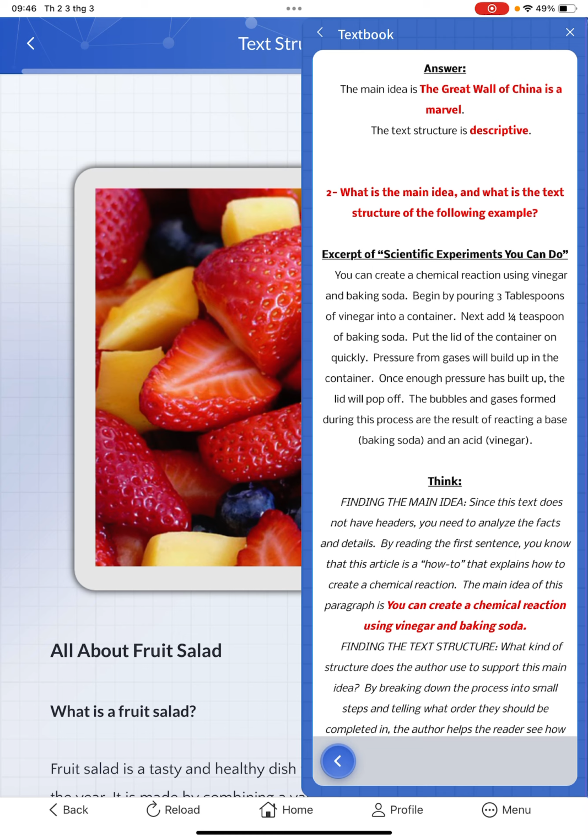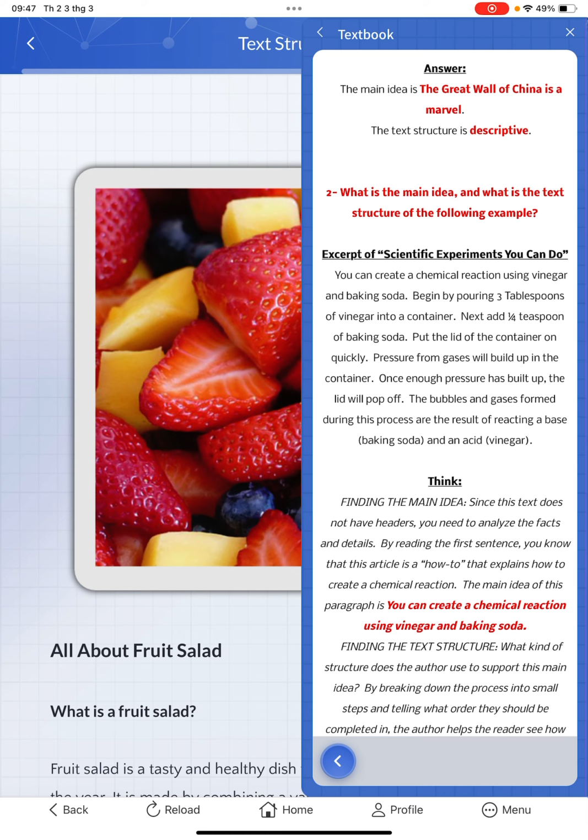Here it says that you use vinegar and baking soda together, and it will just pop. Begin by pouring 3 tablespoons of vinegar into the container. Add 1 teaspoon of baking soda, put the lid on the container, and quickly pressure of the gas will build up in the container. Once enough pressure has built up, the lid will pop off. The bubbling gas is formed during this reaction between a base, baking soda, and an acid, vinegar.